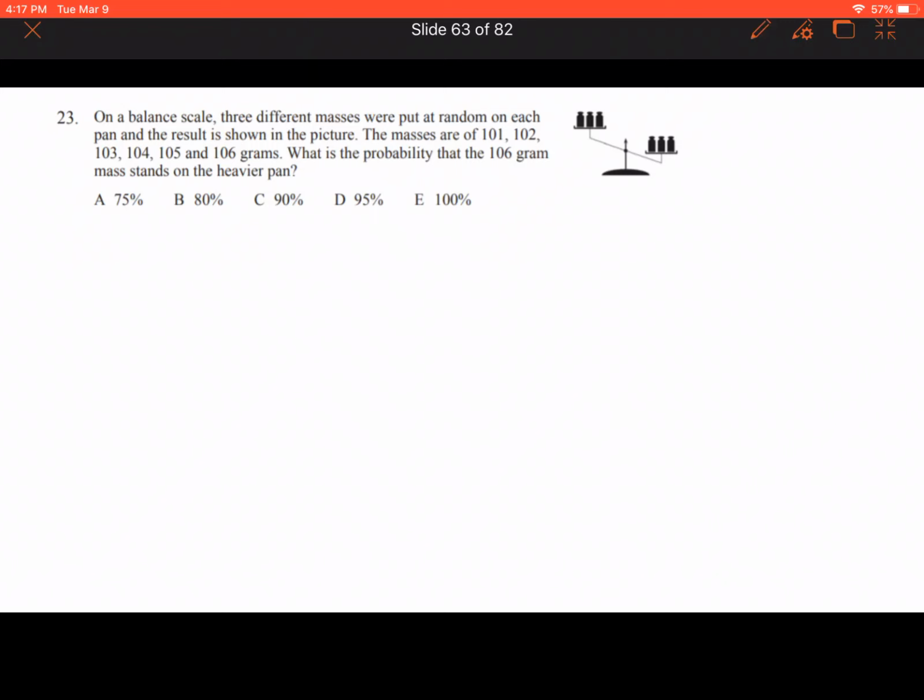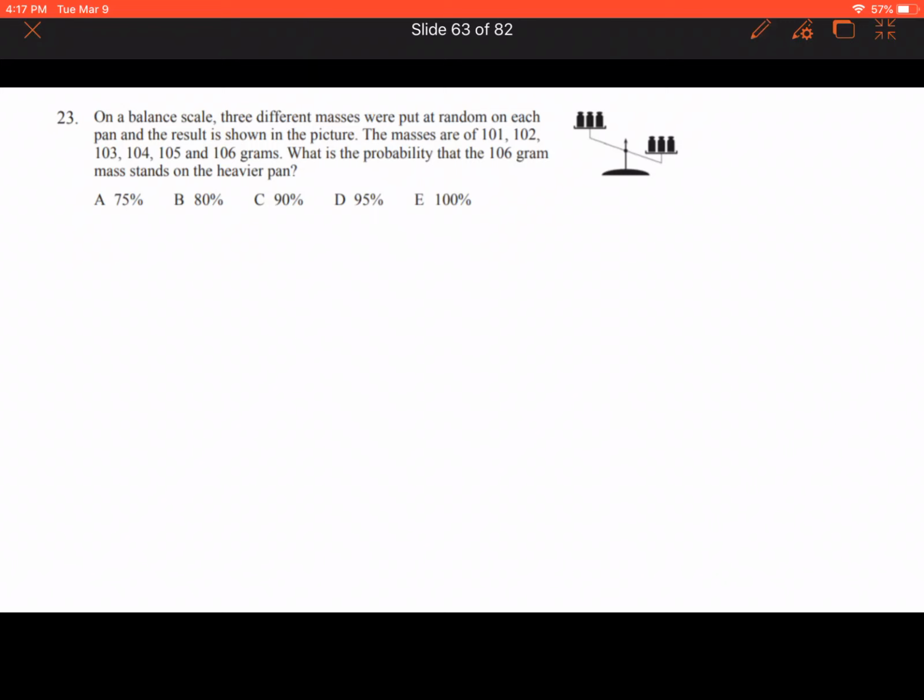On a balance scale, 3 different masses were put at random on each pan, and the result is shown in the picture. The masses are 101, 102, 103, 104, 105, 106 grams. What is the probability that the 106 gram mass stands on the heavier pan?